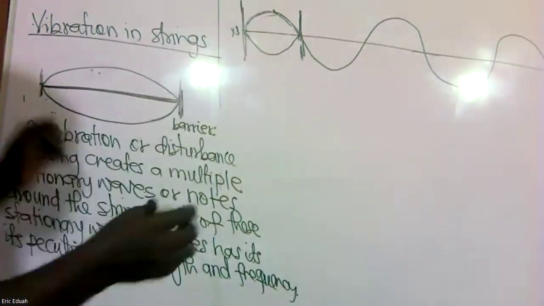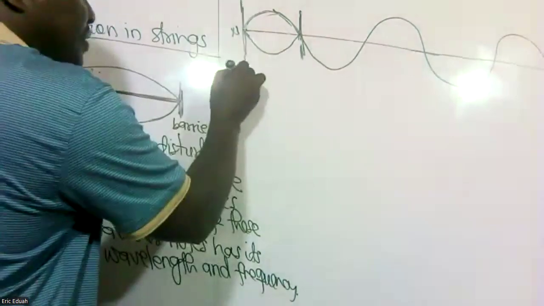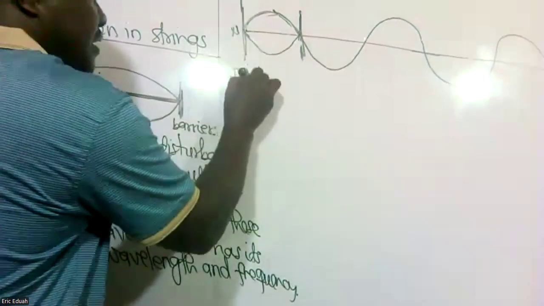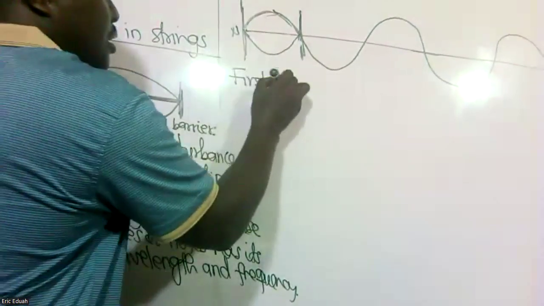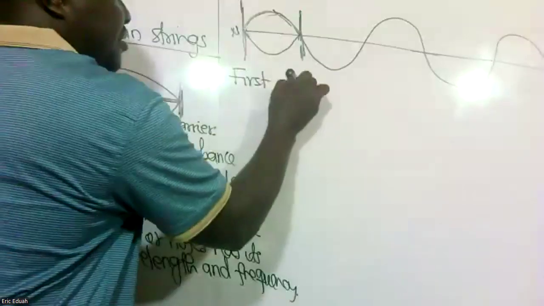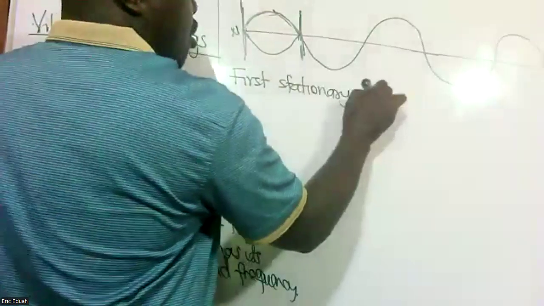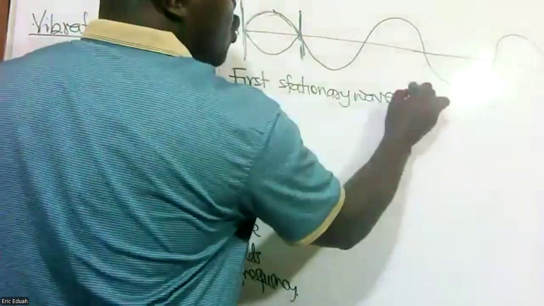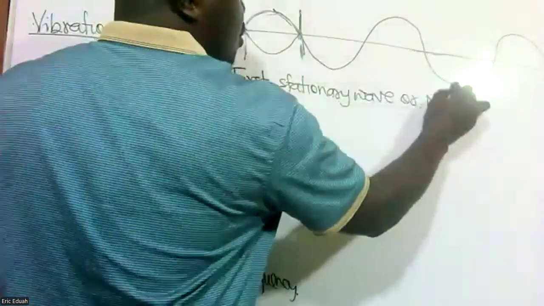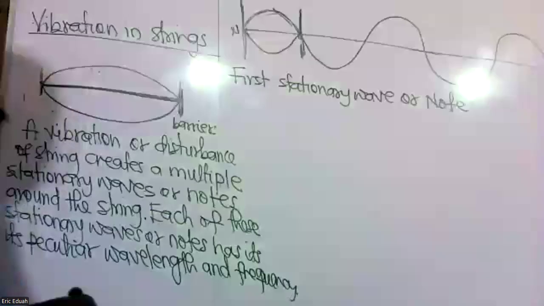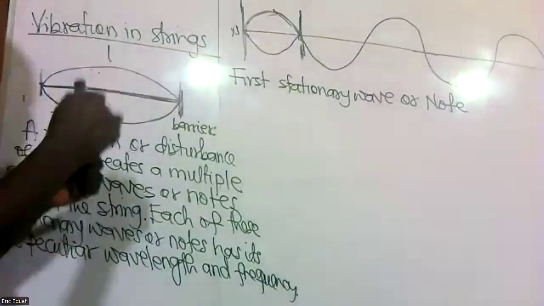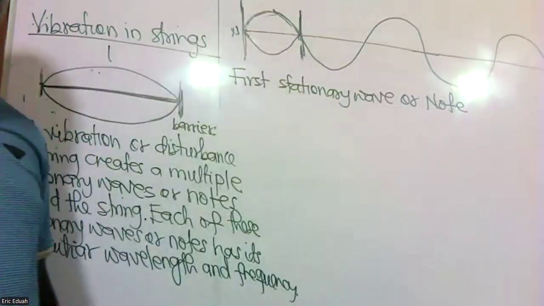This is the first stationary wave, or what we call a node, created when the string is disturbed.